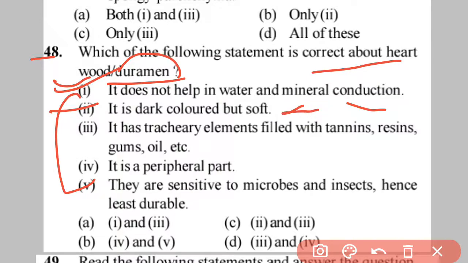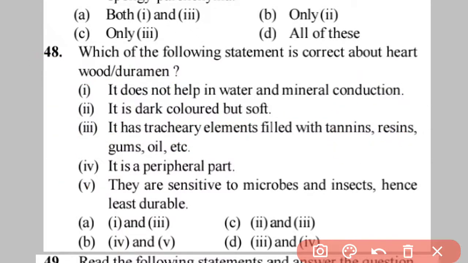No, this is not correct. Third one, it has tracheary elements filled with tannins, resins, gum, oil, etc. Yeah, this is correct. First statement is also correct, and third one is also correct.